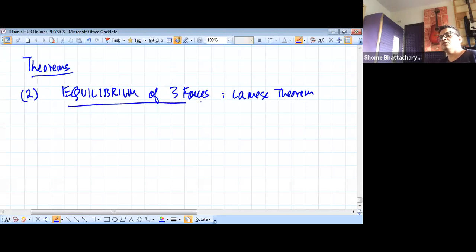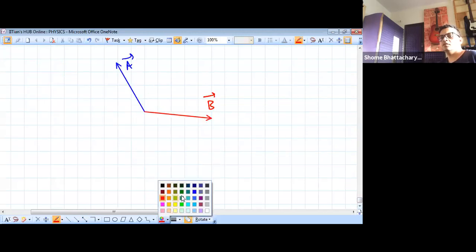The statement of this theorem is very simple: if we have three forces, let's say E, B and C acting at a point or on a particle, three random forces like this, but coplanar of course.